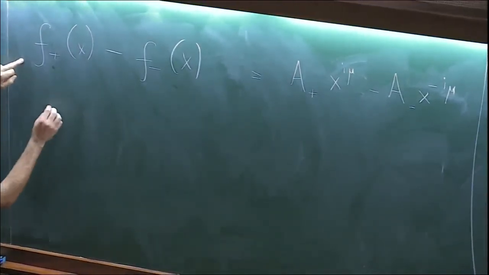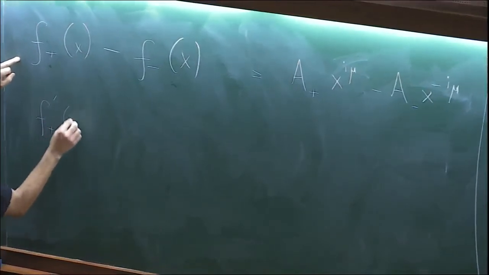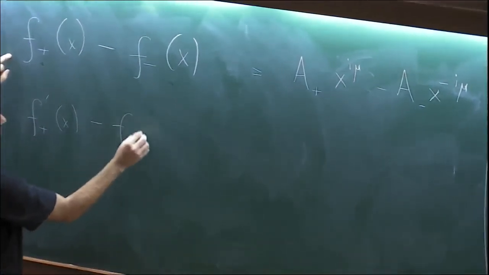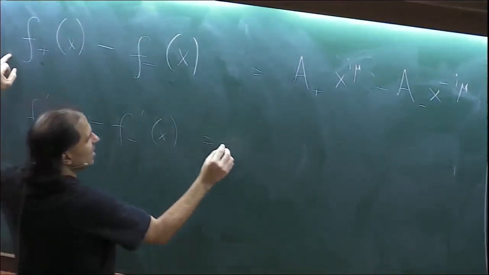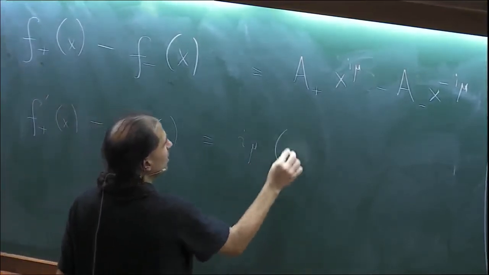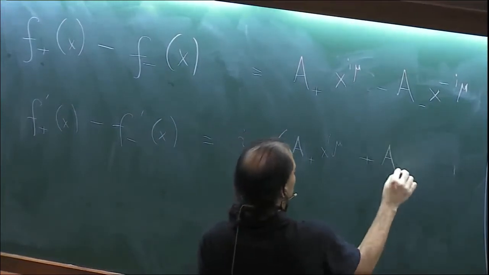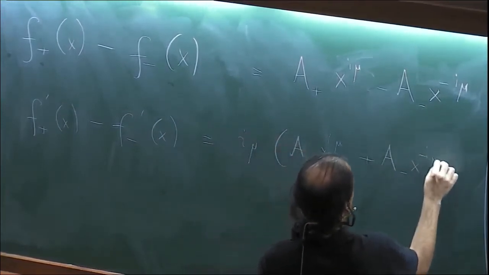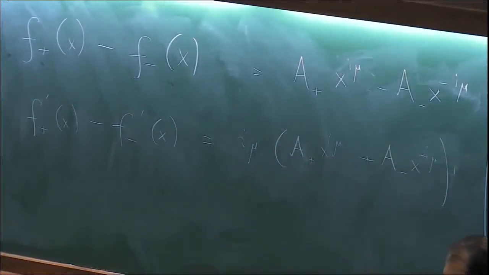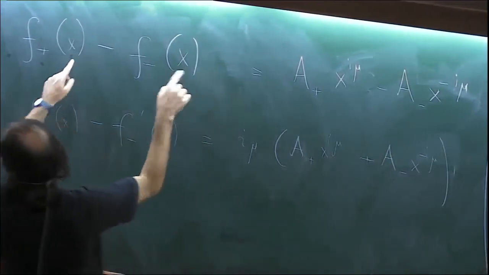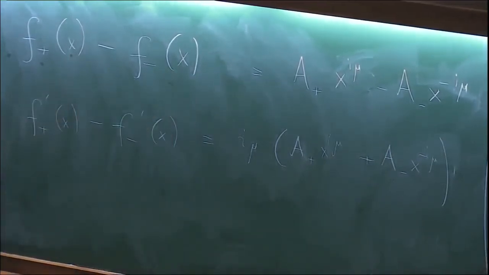Okay? So this expression, as well as, let me take its derivative. f plus prime of x minus f minus prime of x is equal to i mu a plus x to the i mu plus a minus x to the minus i mu. Okay, so from the first equation, I conclude that these two expressions are equal at x equals 1, right? So I have to have a plus equals a minus.